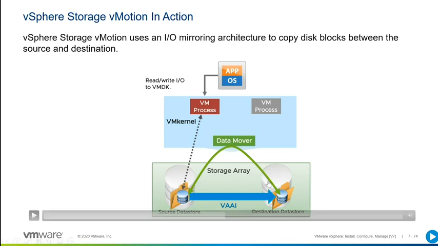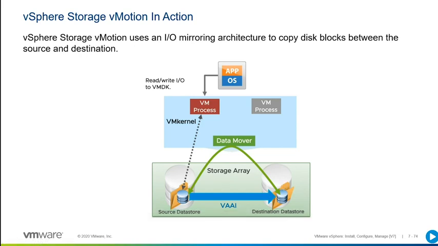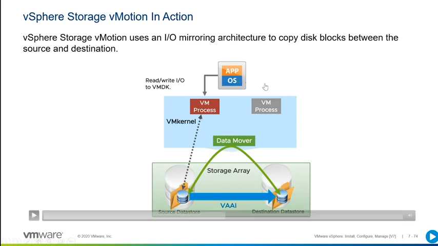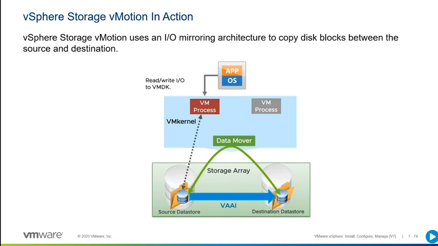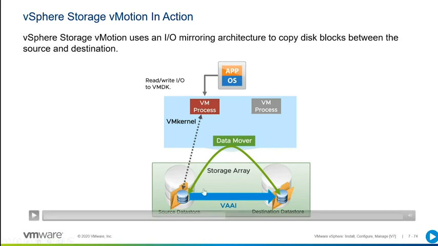By the time all of the files have been copied, or all of the blocks have been copied to the destination data store, we're then able to switch over to the new virtual machine process using the destination data store. In order to copy these blocks, we're either using internally in a storage array VAAI, or externally, we're using the data mover over the storage network. Okay?